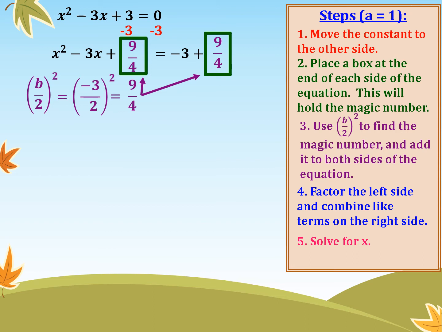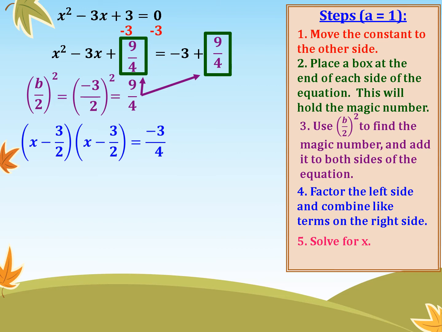Now, I have to look at it and I have to say, what two numbers multiply to make 9/4 that also add to make negative 3? Negative 3 halves. So if I make that x minus 3 halves and x minus 3 halves, that will multiply to make x squared minus 3x plus 9/4.